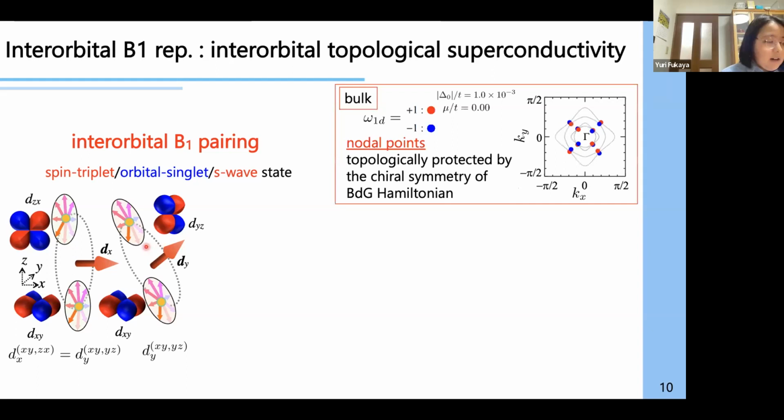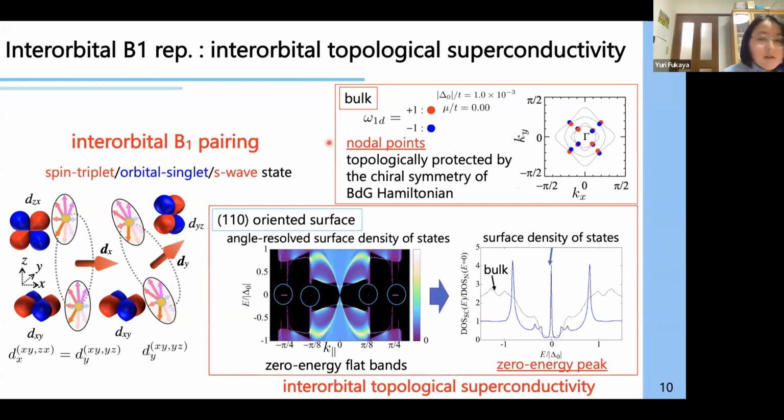In the bulk, nodal points topologically protected by the chiral symmetry of the BdG Hamiltonian appear in the diagonal direction. These nodal points have a non-zero winding number, +1 for the red and -1 for the blue ones. To investigate the edge state, we calculate the surface density of states. For the nodal points, when we make the 110-oriented surface, a zero-energy flat band appears like this, although the width of the zero-energy flat band is short.